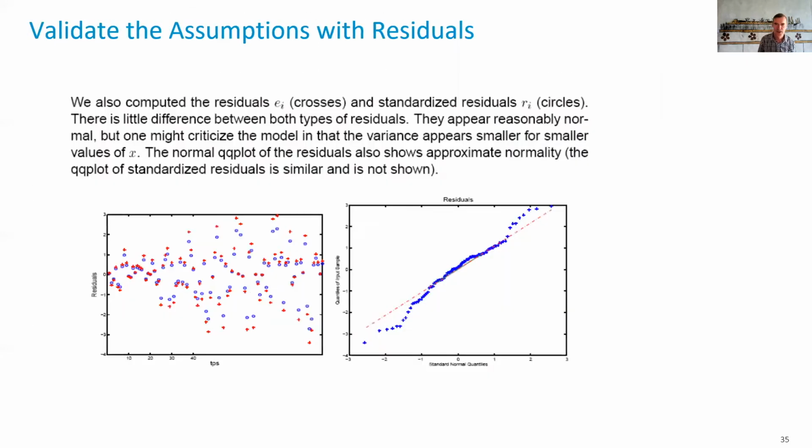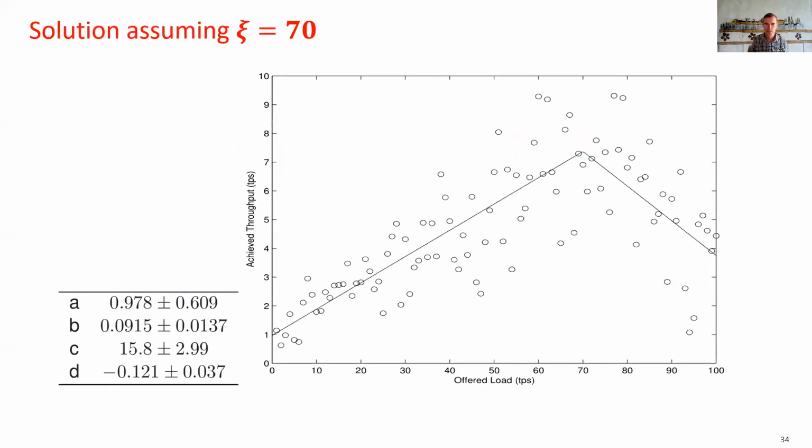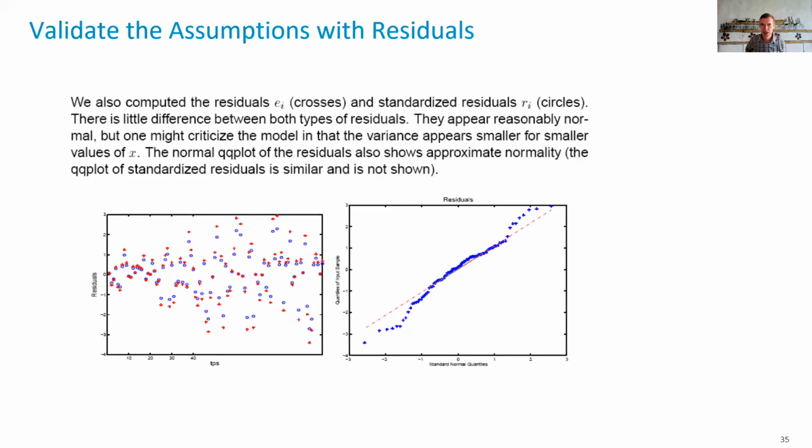Here we are. What I'm interested in is, is there congestion collapse, for example? So the slope of this part, which is given by this thing here, we see that it's negative with a fairly large uncertainty, but still much smaller than the value itself. So there is really a negative part here. At least if we believe in the breakpoint being 70, this is what this will give us.